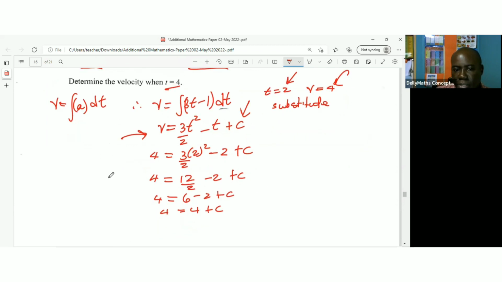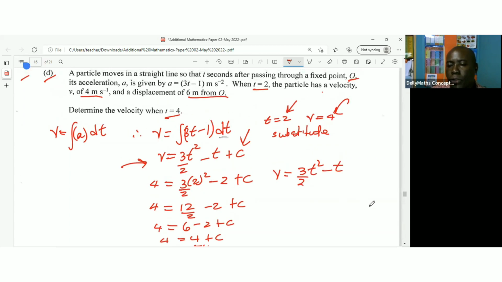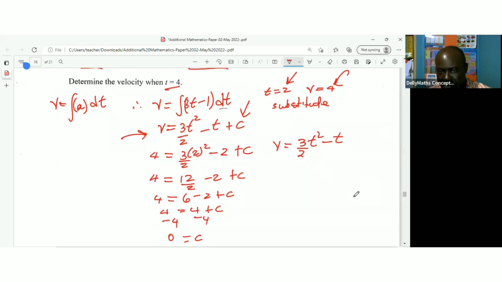If we subtract 4 from both sides, 0 is equal to c. So the constant is 0, which means the velocity function is really 3 over 2 t squared minus t. That's the velocity function since c is 0.